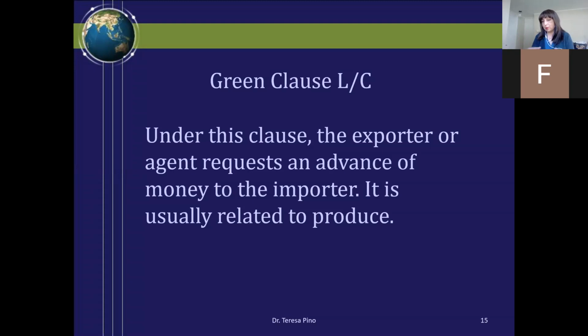I'm giving you that as an example, maybe there are other reasons. So you may request up to 20% of the advance of money, 5%, 10%, 15%, before you ship the merchandise, so you can count on that money beforehand. And then when you present all the documents, you get the rest of the money. That's another option of the letter of credit.